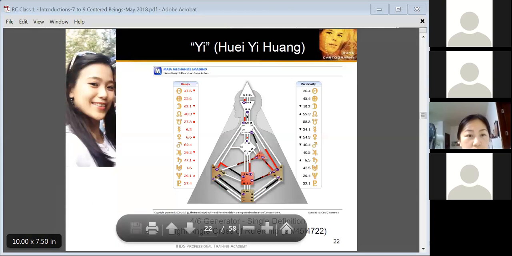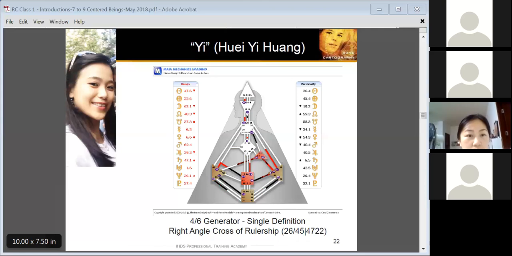My name is Yi, and I'm from Taiwan as well, but I live in Australia, in Queensland. So we're a few hours behind Taiwan, and I've followed Carol for a few classes. I just love human design, and I had so many clues to catch up with.